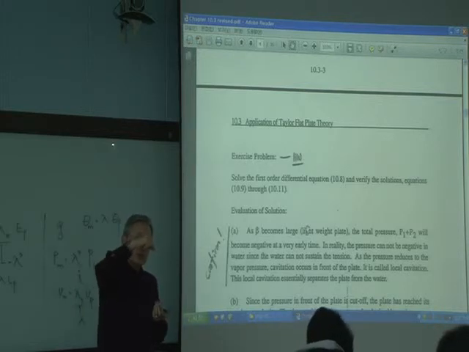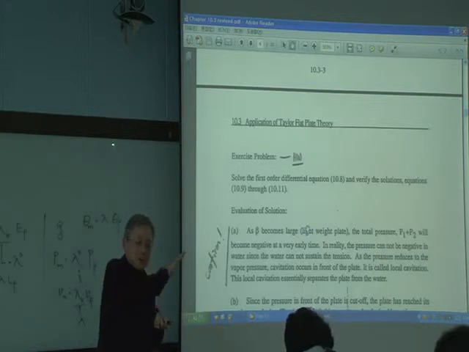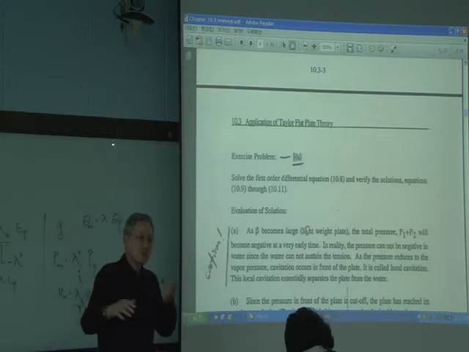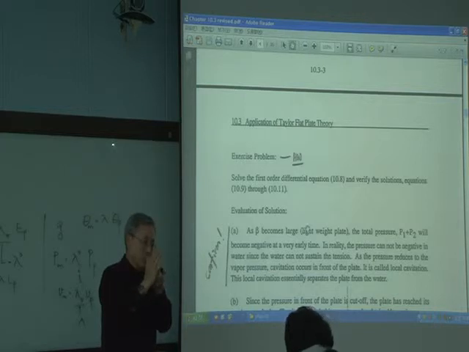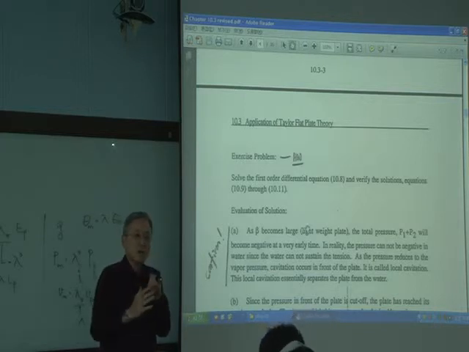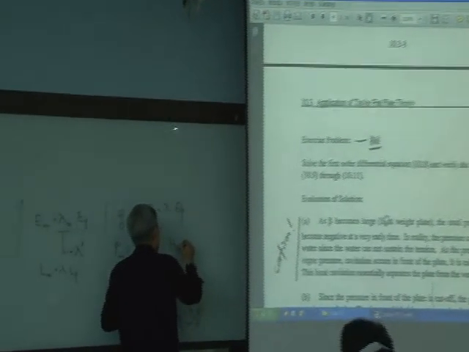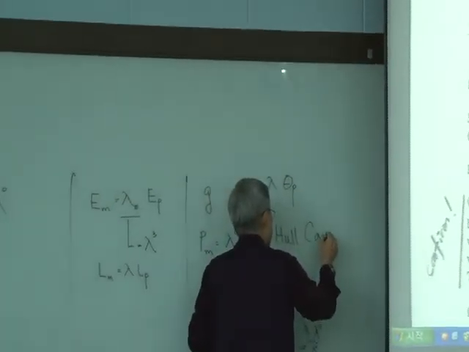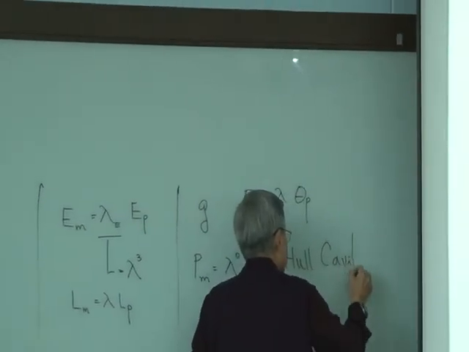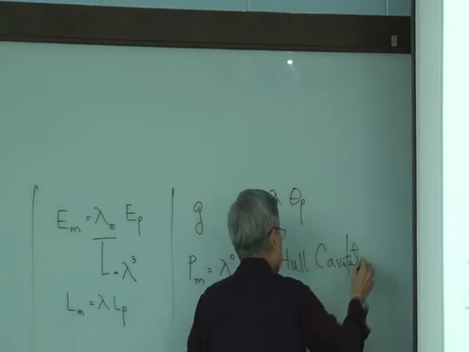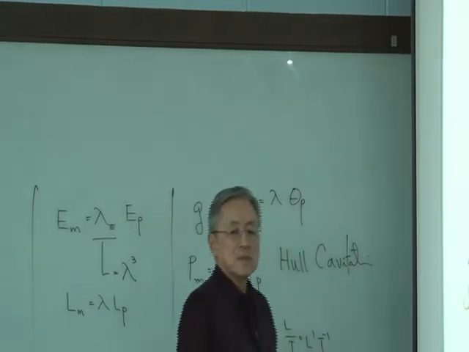Got it? So it pulls air, water. When the rarefaction wave occurs, that gives an effect to pull the water, then cavitation occurs, which is called the bulk cavitation. In this case, who is pulling? The hull is pulling the water. So it's called the hull cavitation.